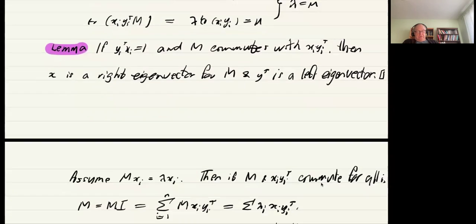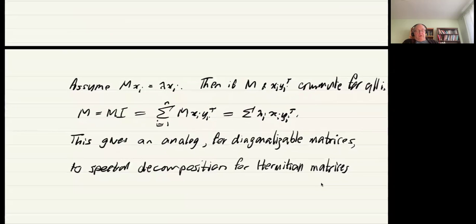Now, assume that we've got eigenvectors x1 through xn for M, with eigenvalues lambda i.